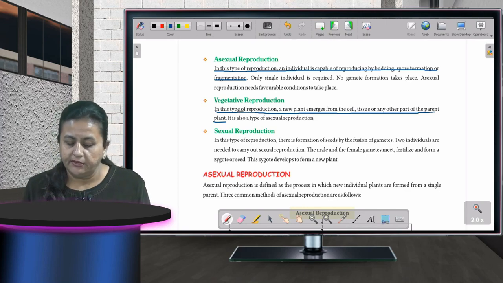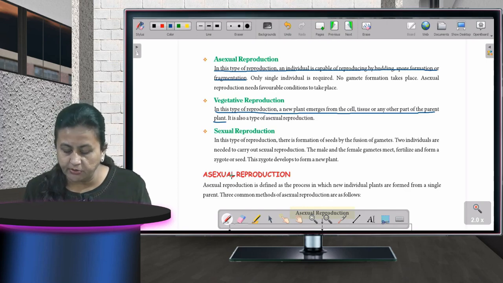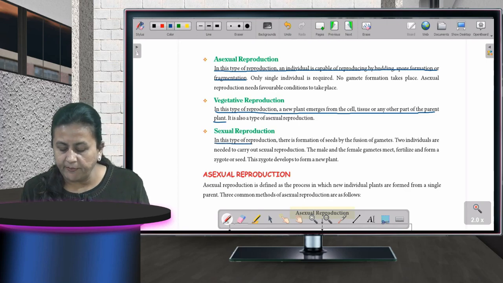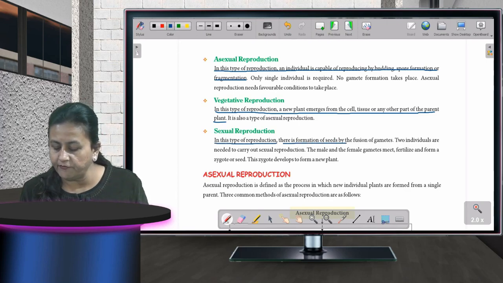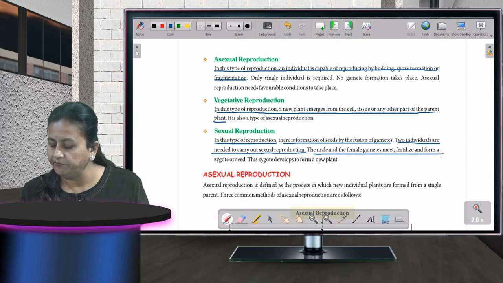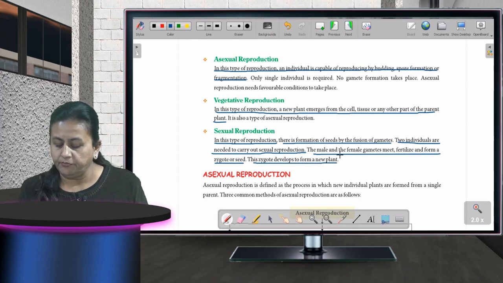Then if you talk about sexual reproduction, in this type of reproduction, there is a formation of seeds by fusion of gametes. Two individuals are needed to carry out sexual reproduction. The male and female gametes meet, fertilize and form a zygote or seed, and this zygote develops to form a new plant.